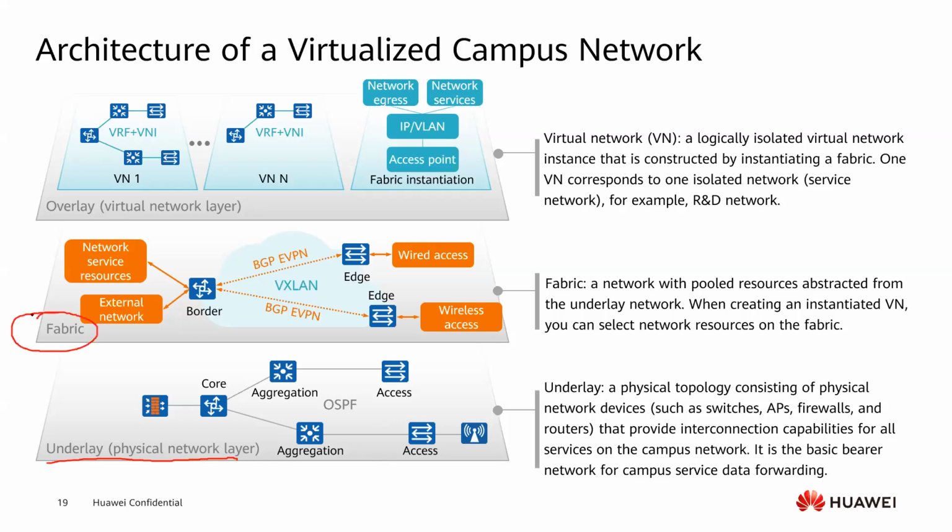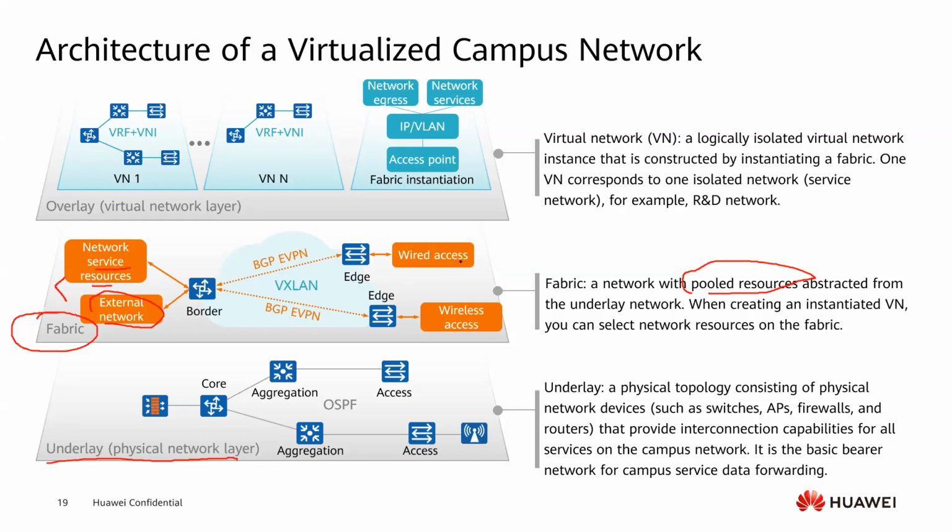The fabric looks like a resource pool. Here, it's like a resource pool used by the VNs, by the overlay networks. For the resource pool, you need to create some resources, such as the network service resources and the external network. These 2 parts are used for the VNs to connect to.